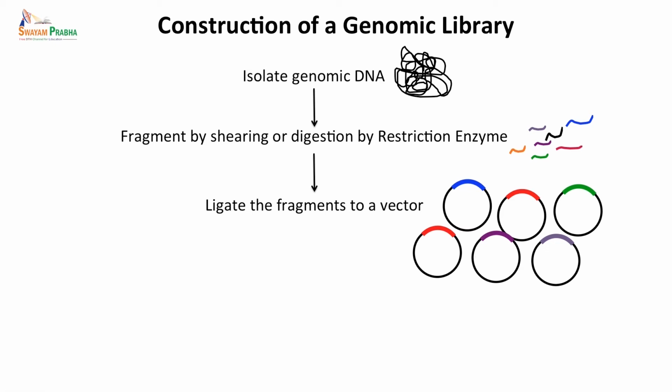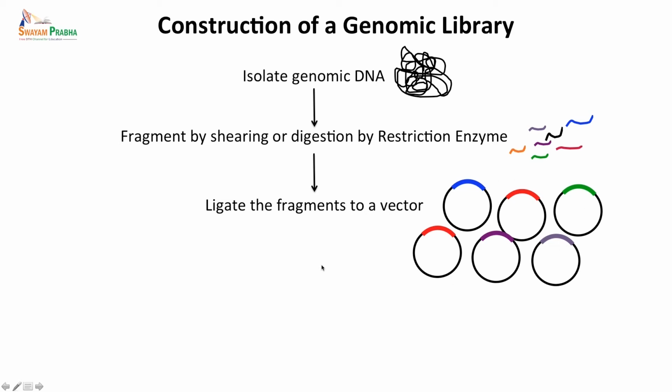So you have digested vector in a test tube, you add all the fragments from the genome that you have in that test tube, you use the DNA ligase and let the reaction go. So essentially, in all probability, most of these vector molecules will have one fragment each that is cloned into them.